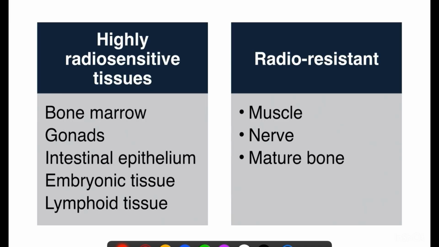Highly radiosensitive tissue includes rapidly dividing cells, like bone marrow, gonads, intestinal epithelium, embryonic tissue, and lymphoid tissue. Comparatively radio-resistant tissue includes muscle, nerves, and mature bone.